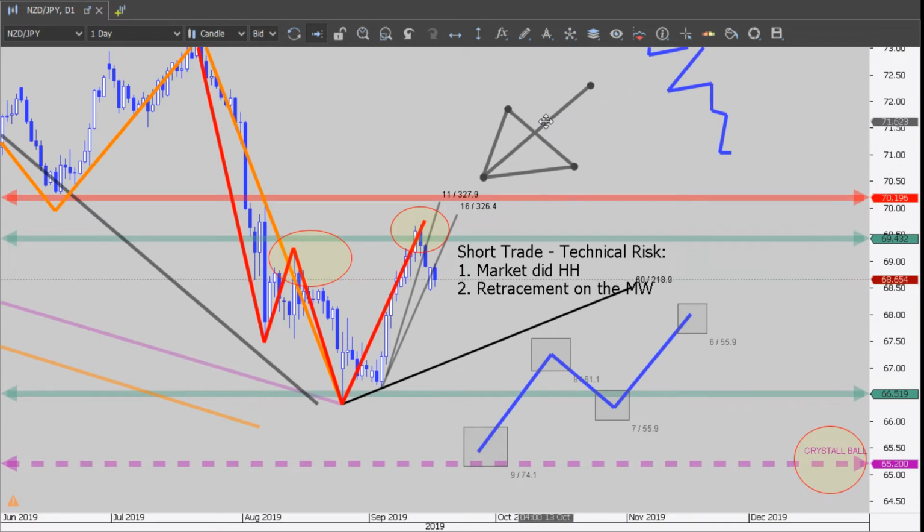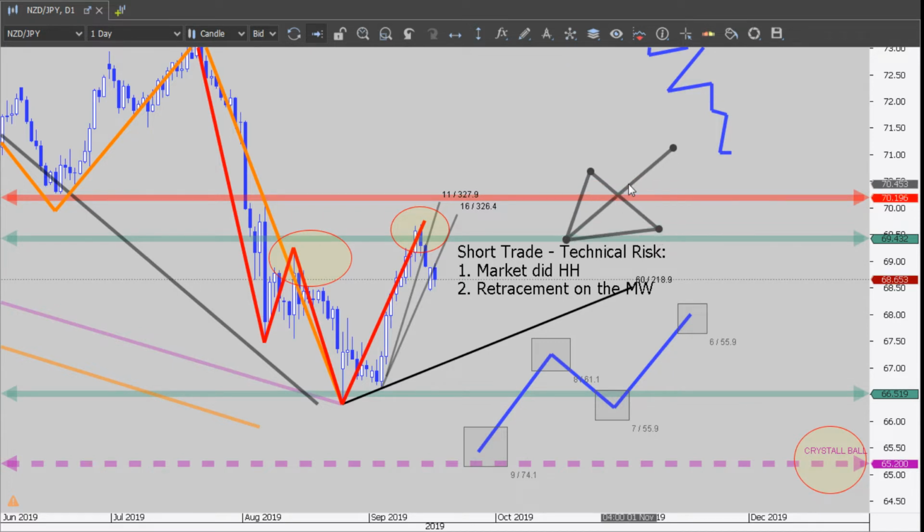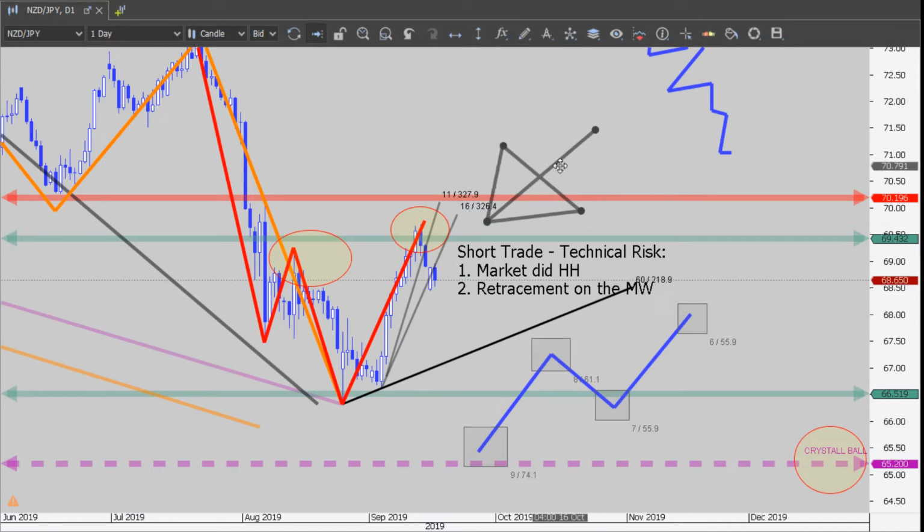Now, what else is technical risk? All Forex is speculation. Yes, it's a probability game, sure. Yes, it's a probability game, yes sir. Okay.